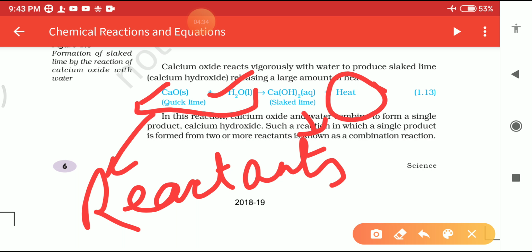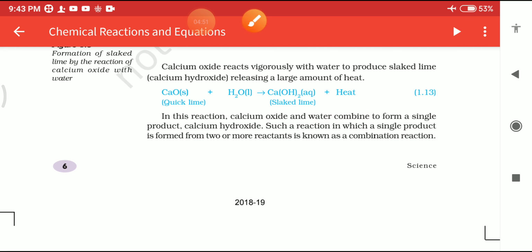This calcium hydroxide we can use in the home for whitewash. You see here two substances combine to give a single product, that is your combination reaction. In this reaction, calcium oxide and water combine to form a single product.